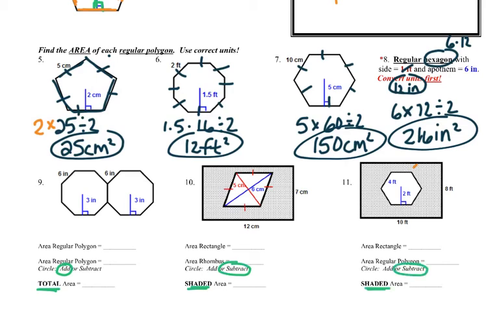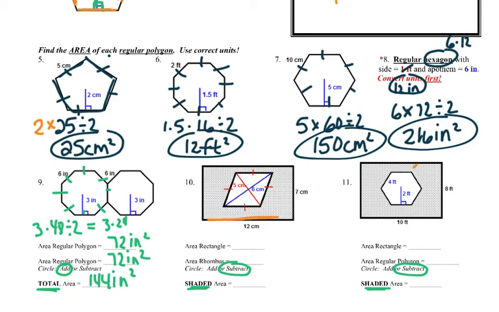The regular polygon has an apothem or a mini height of 3, times the perimeter, 1, 2, 3, 4, 5, 6, 7, 8. 6 times 8 is 48 divided by 2, or the same, that's going to be 3 times 24, which is 72 inches squared. Lucky for me, both polygons are the same, so 72 and 72, 144 inches squared.